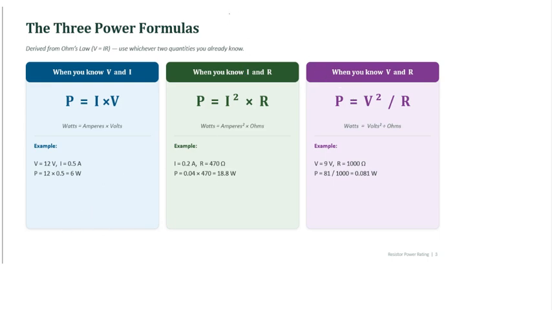If we say P is equal to IV, and from Ohm's law, we know that V is equal to IR, right? By the time we make substitutions, it means that P is equal to I multiplied by IR, all right? And that gives us P is equal to I squared multiplied by R.